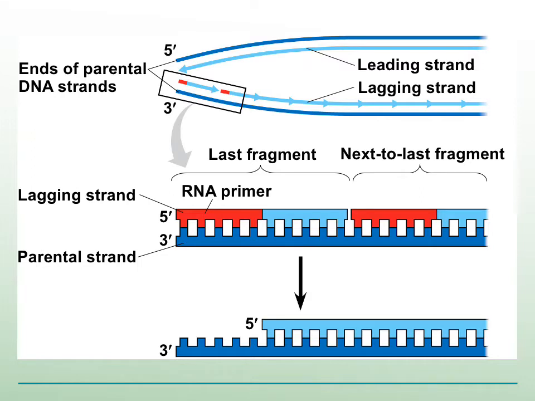DNA polymerase 1 can remove the RNA nucleotides, but there is no 3' end to which it can add DNA nucleotides. And so you end up with what we call a 3' overhang on that DNA double helix.